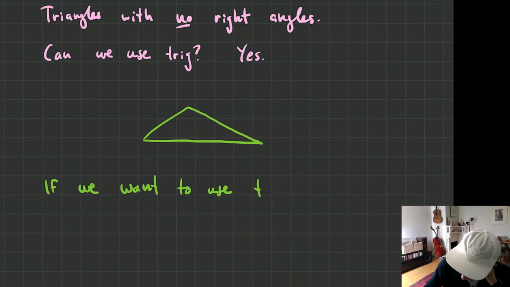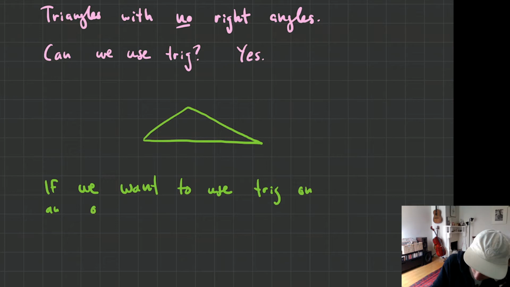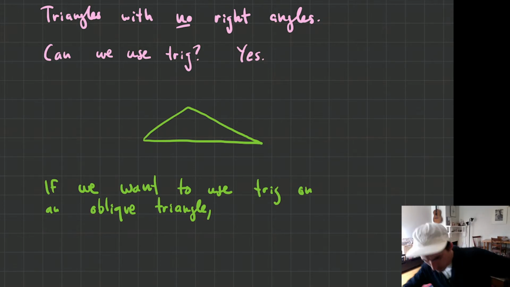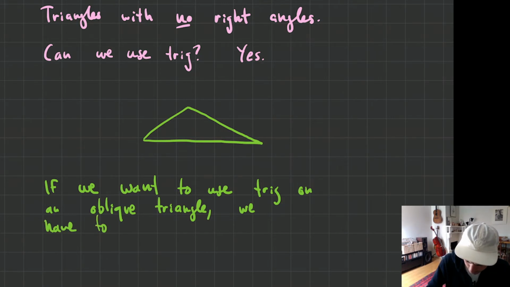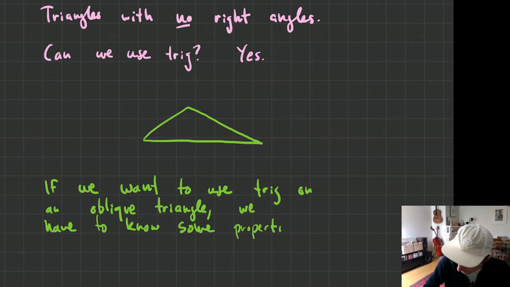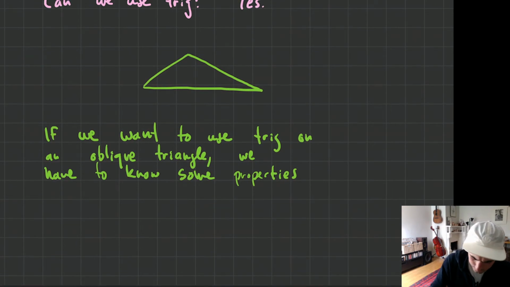If we want to use trig on an oblique triangle, we have to know some properties of the triangle.